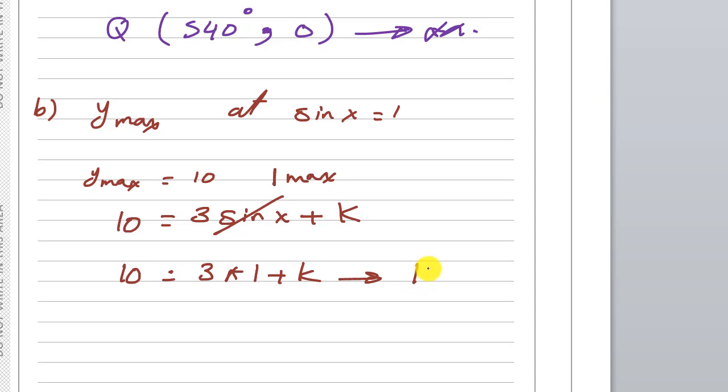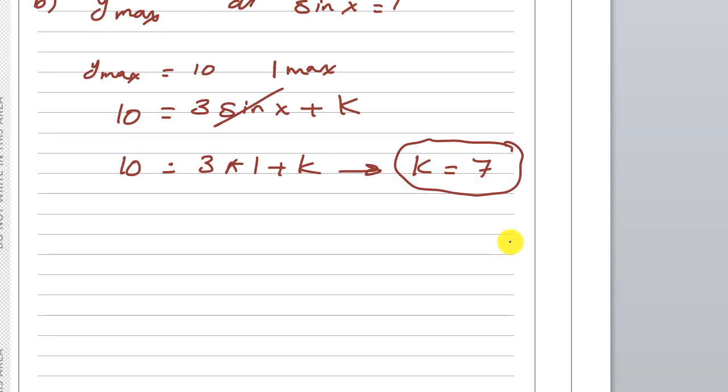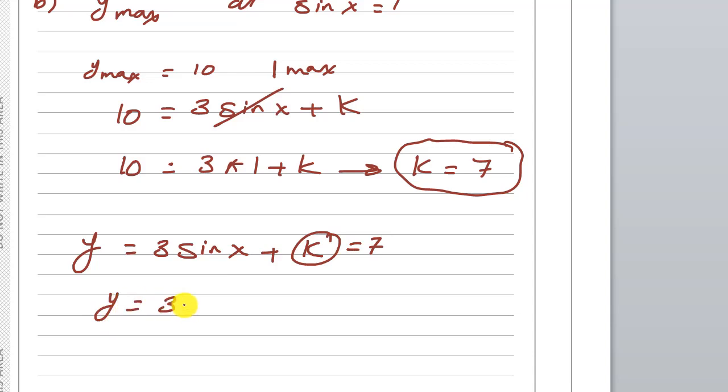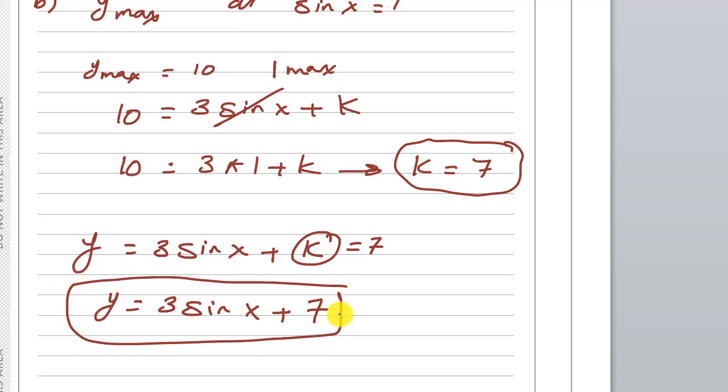From here, k is equal to 7. So the equation now, y is equal to 3 sine x plus k, and the k here is equal to 7. So y equals 3 sine x plus 7, and this is the equation of y.